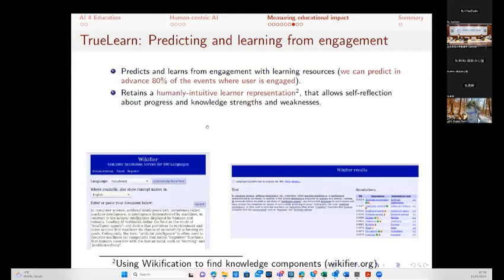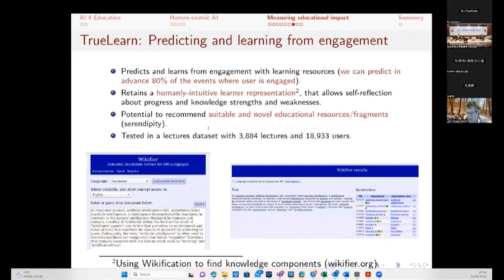So this was able to make a prediction at 80% of the events correctly, both negative and positive. This was an F1 score, so with the average of both predicting when they did engage and predicting when they didn't engage. It also retains a humanly intuitive learning representation in terms of communication with the user.